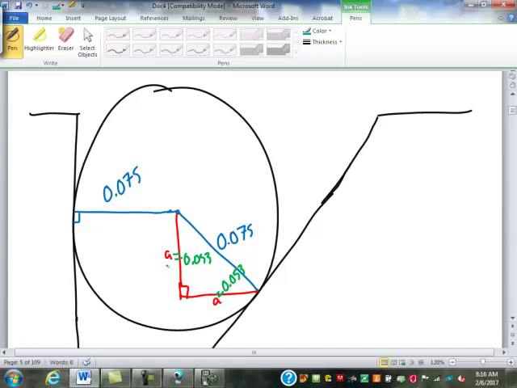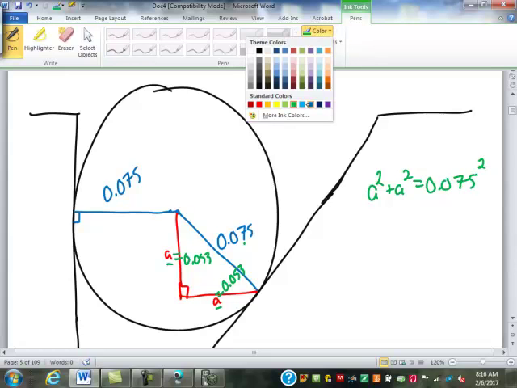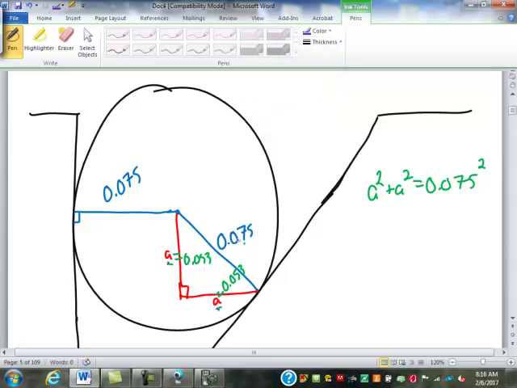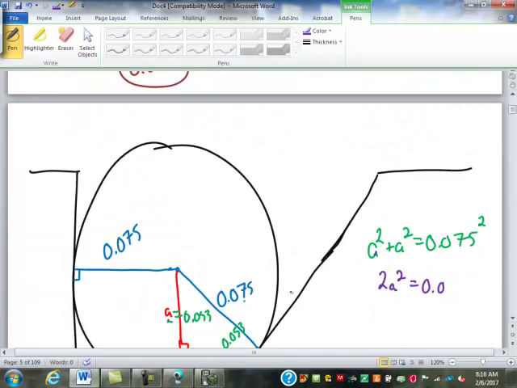Okay, so this is A squared. These have to be the same, so I'm leaving them both as A. So A squared plus A squared has to equal the hypotenuse of 0.075 squared. A squared plus B squared equals C squared. Well, A squared and A squared is 2A squared. This is 0.005625, that's 0.075 squared.